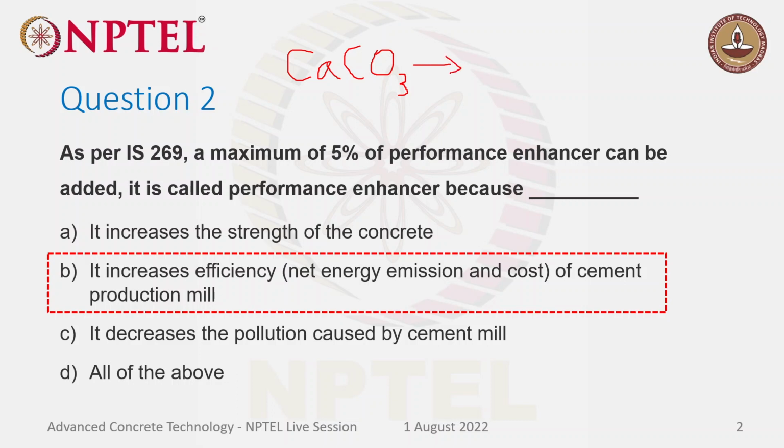So what if we calcine it at around 900 degrees Celsius? Can someone unmute and tell? What if we calcine the calcium carbonate, that is limestone, at 900 degrees Celsius, what will we get?